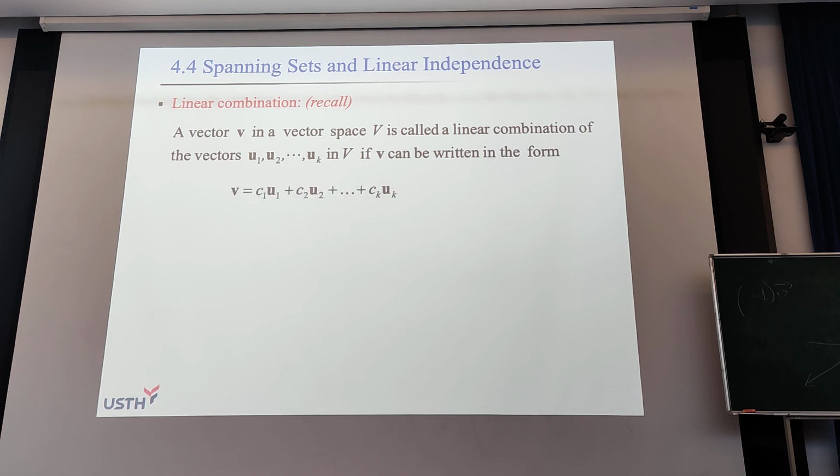Then v will be a linear combination of u1, u2, ..., uk if v can be written like that, where c1, c2, ..., ck are scalars or numbers. In that case, we say v is a linear combination of u1, u2 up to uk.